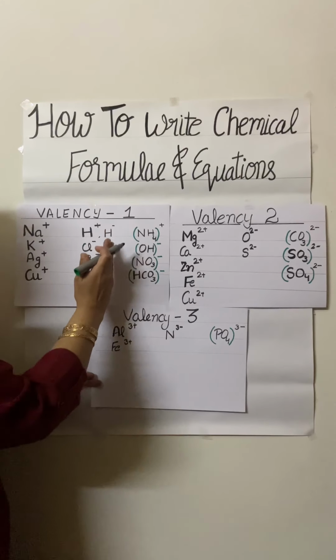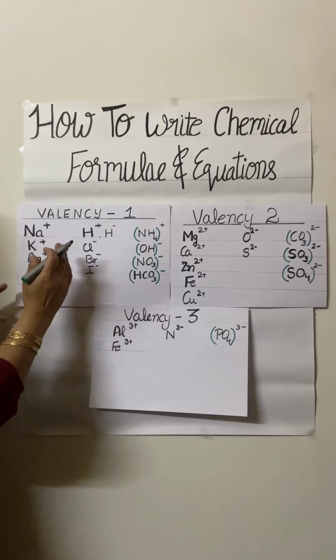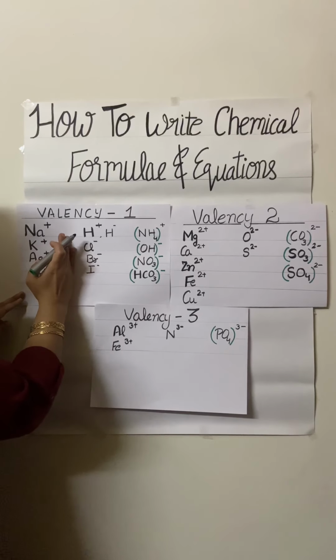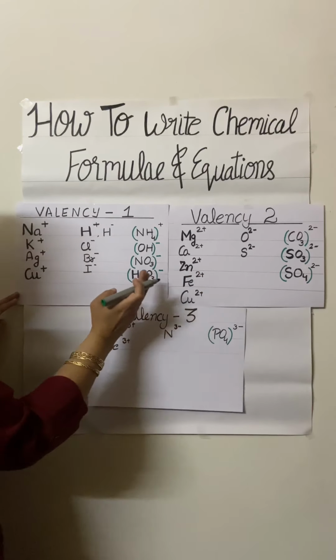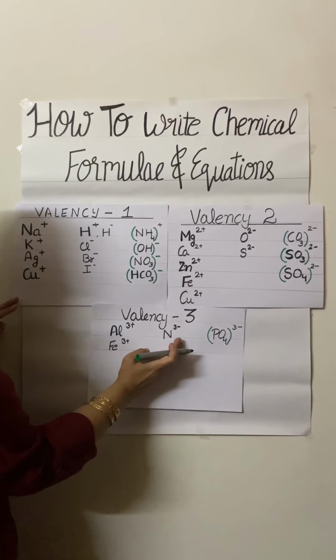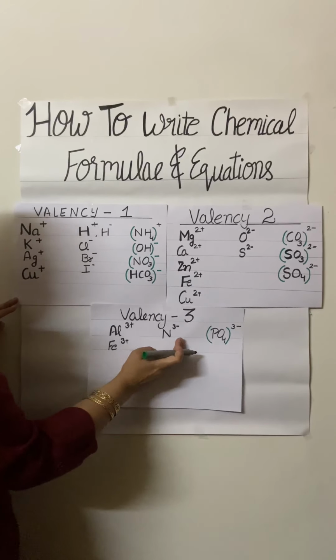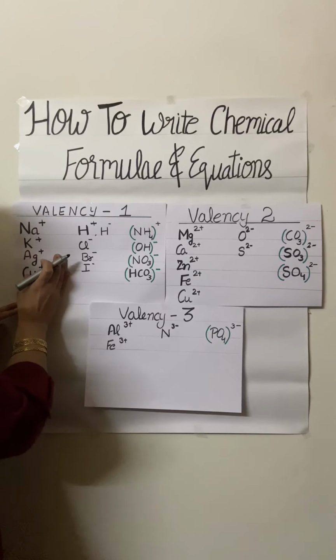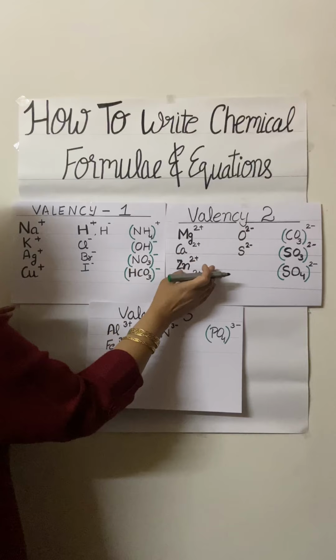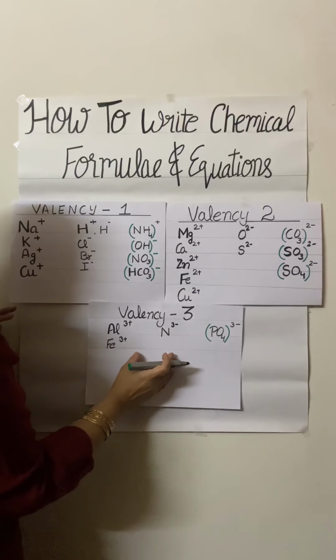Then under each column, write the elements with valencies 1, 2 and 3 separately. Whenever you look at the table you have formed in your copy, this will help you memorize which elements have valency 1, which have valency 2 and which have valency 3.